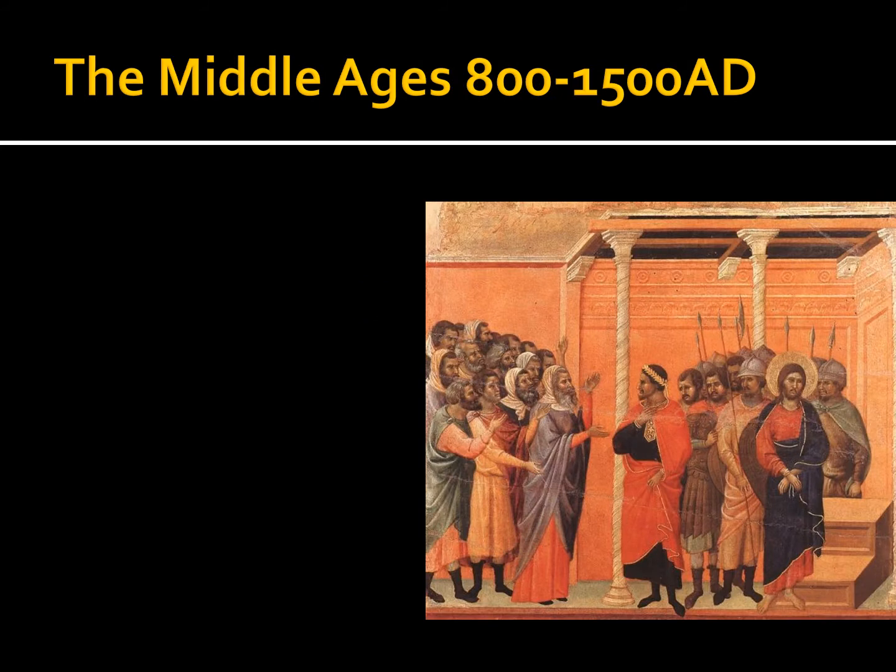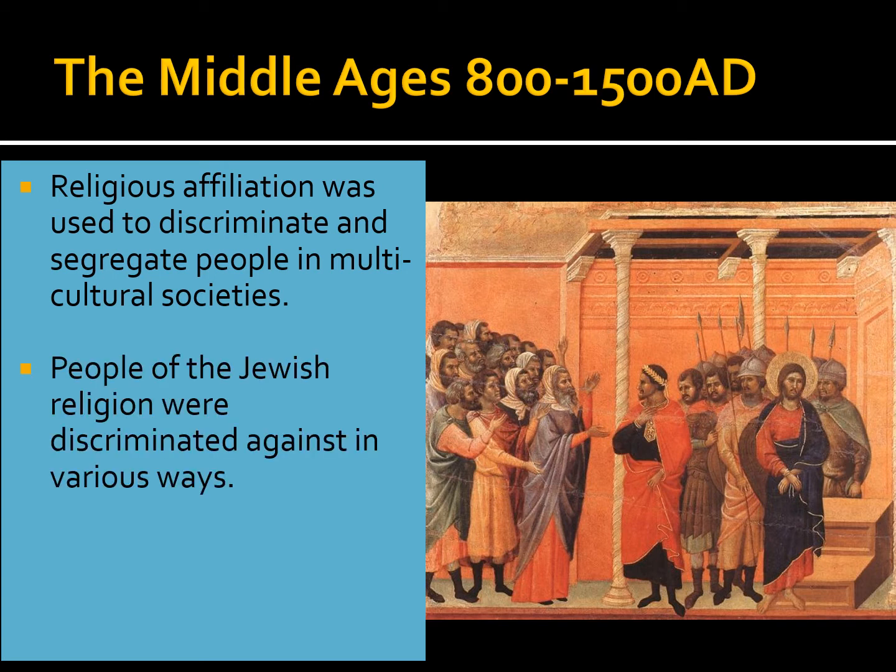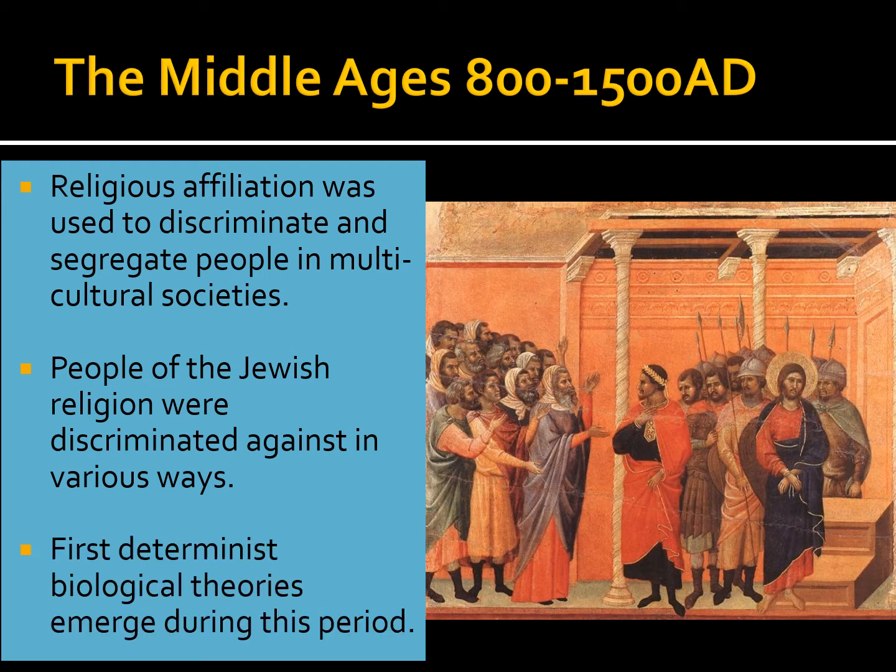As we go into the Middle Ages, the period between 800 to 1500 AD, and this covers the Dark Ages as well, religious affiliation was used to discriminate and segregate people in multicultural societies, right? One group that was very heavily discriminated against during the Middle Ages, particularly in Europe, were people of the Jewish religion, right? And they were discriminated against in a variety of different ways.